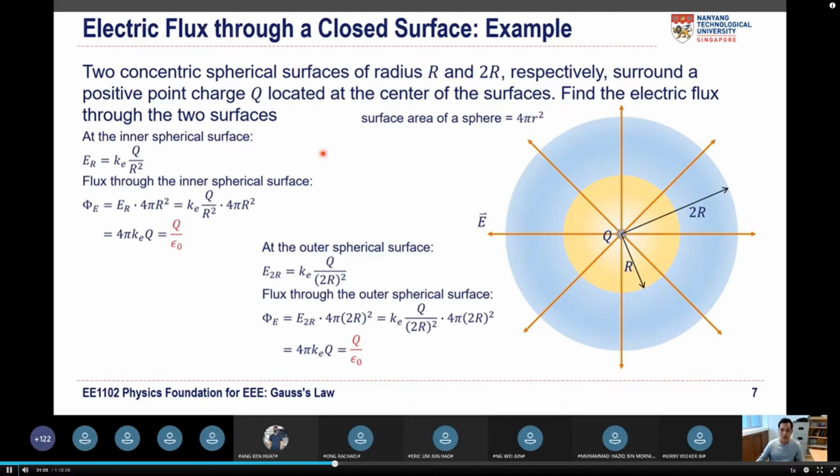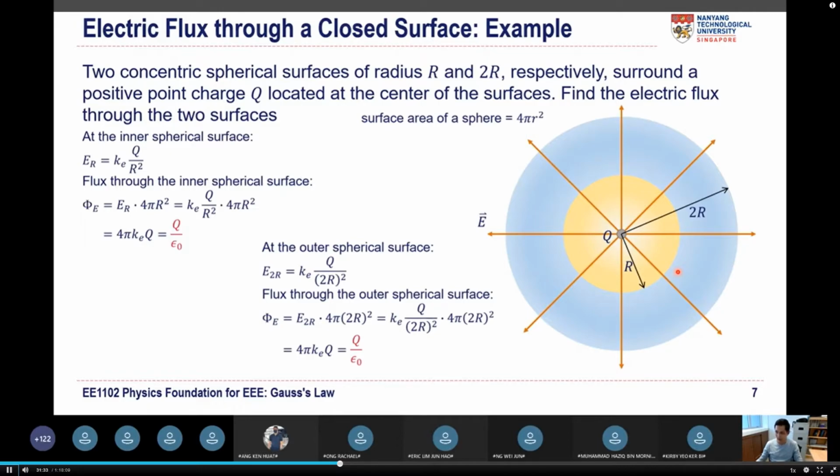Okay. So when we have a sphere, and right in the middle we have a charge, should we have the same electric field throughout the entire surface of the sphere? The answer is yes, right?